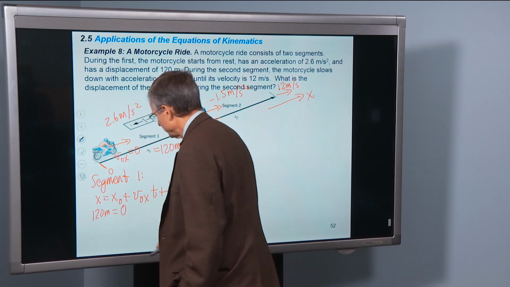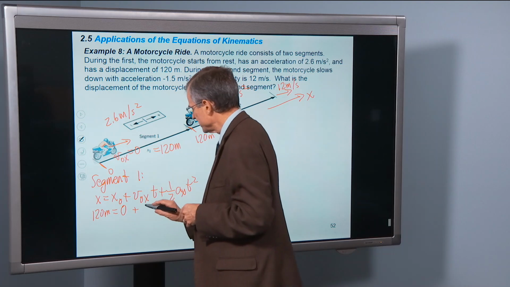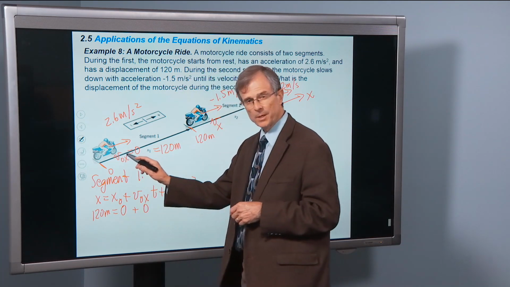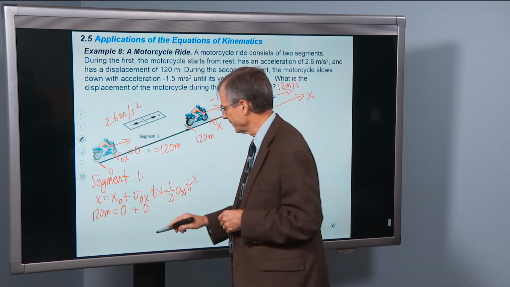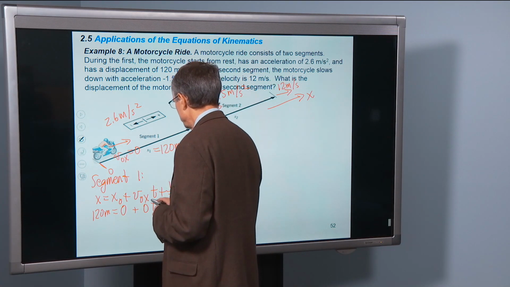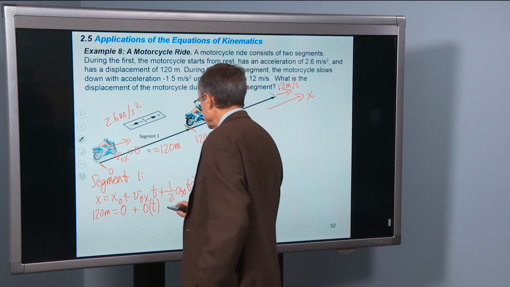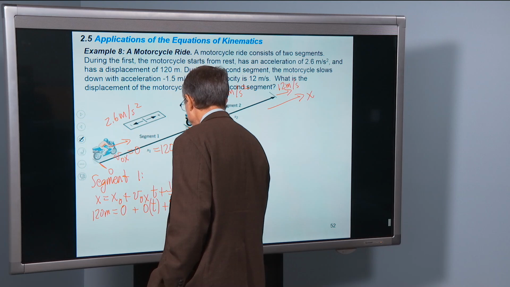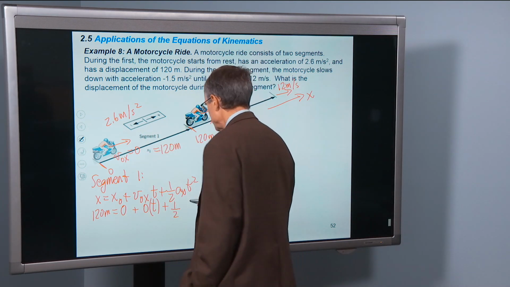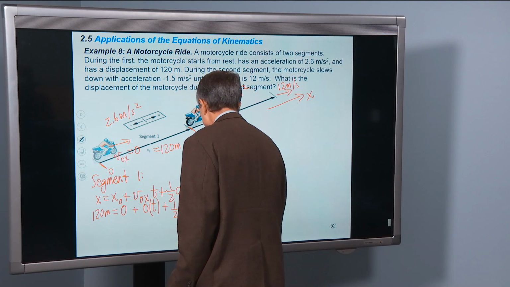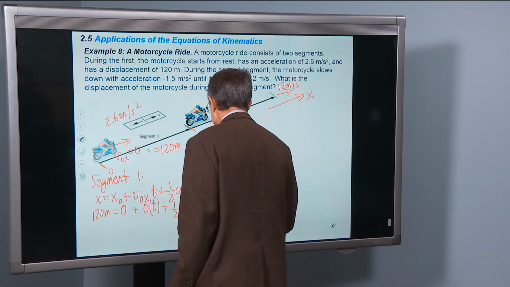X naught is 0 plus v naught x. Well, that's 0. He's starting from rest. That's the initial velocity in the x direction, times time. That's the final time here. Plus 1/2 ax, which is 2.6 meters per second squared, times t squared.